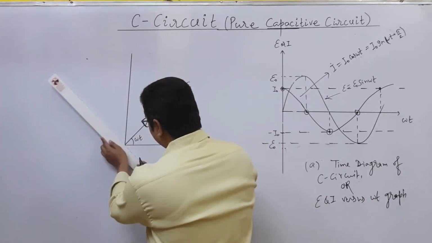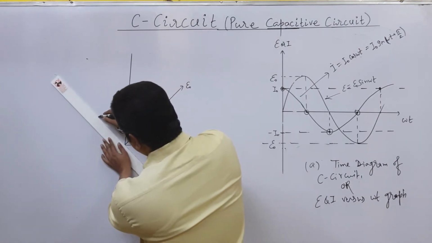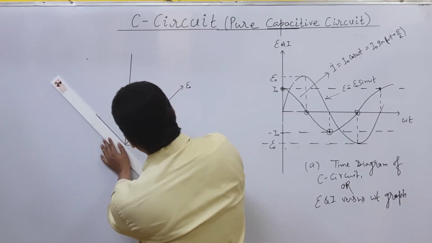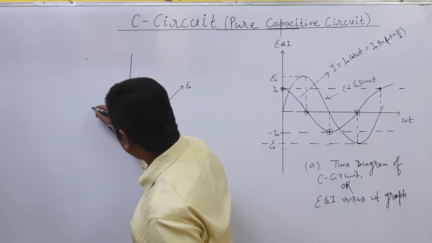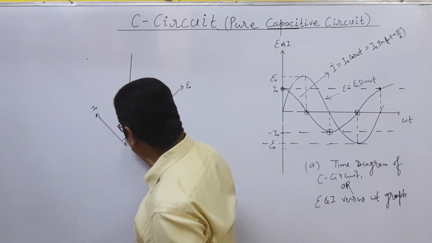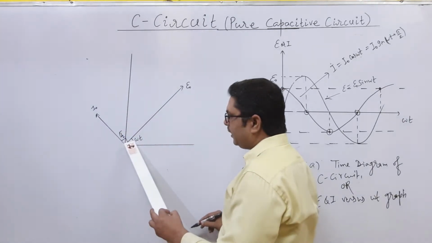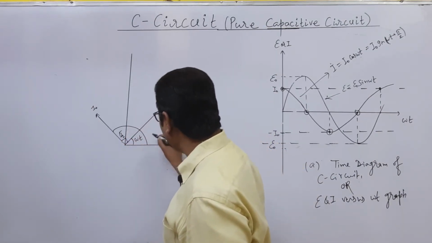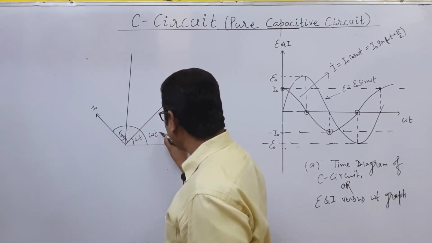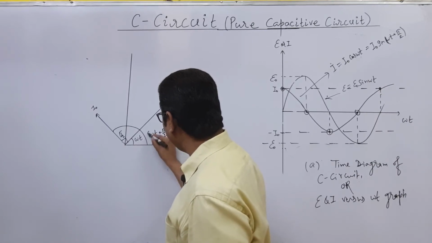Let us draw another vector this side, whose length is less than E naught, and E naught and I naught should be at an angle of 90 degrees, pi by 2. So if this is omega t and this is pi by 2, then this will be omega t plus pi by 2.